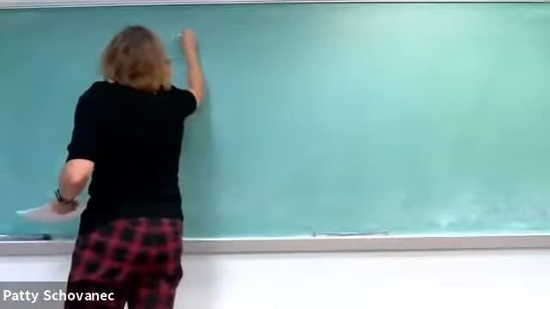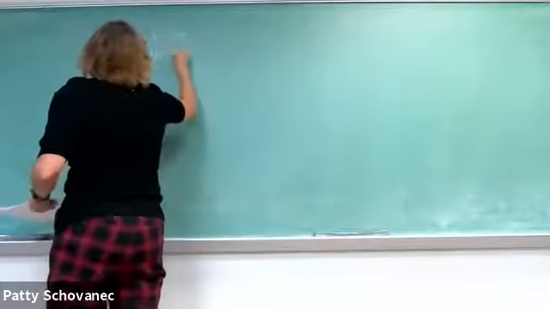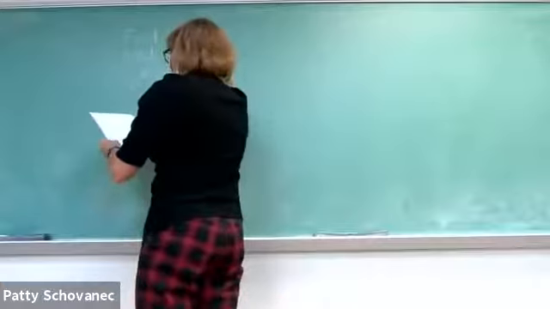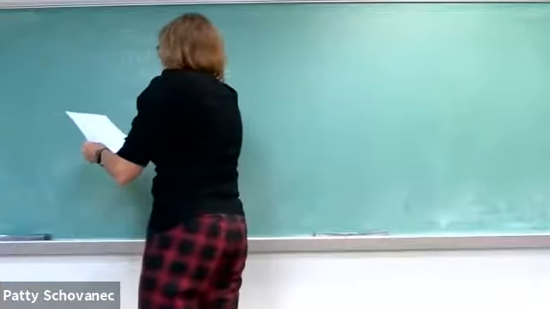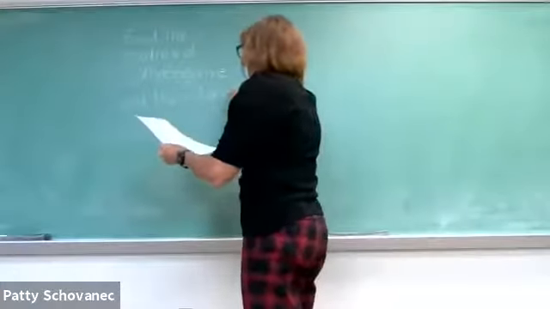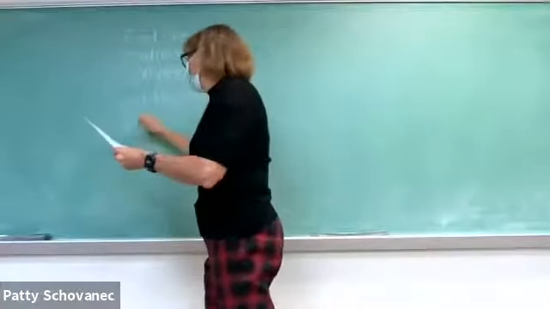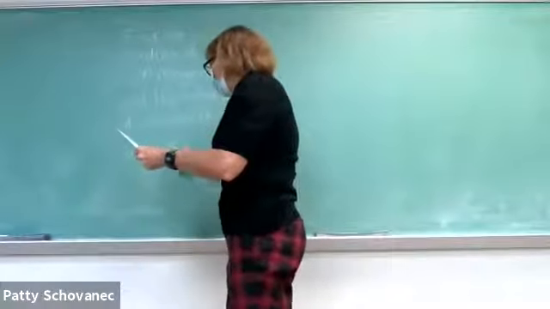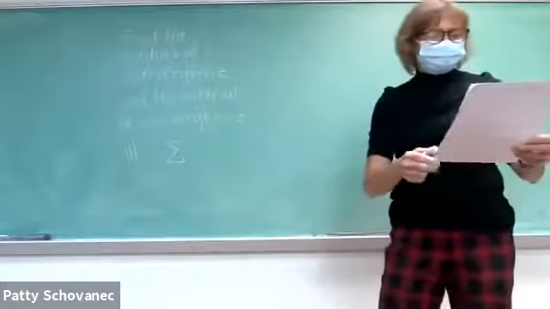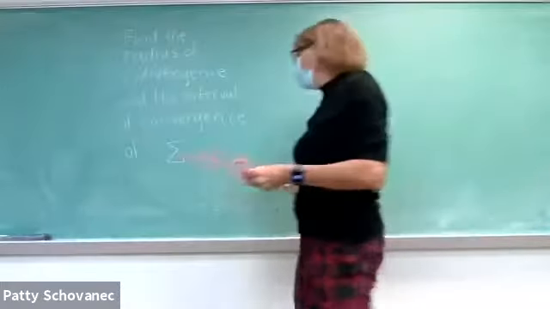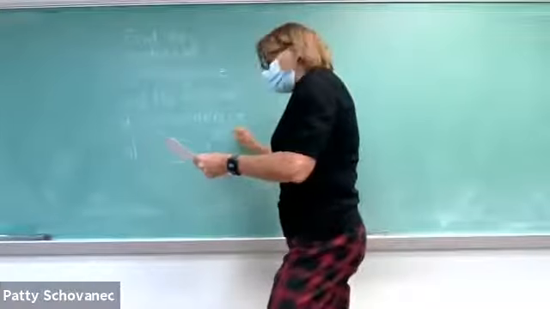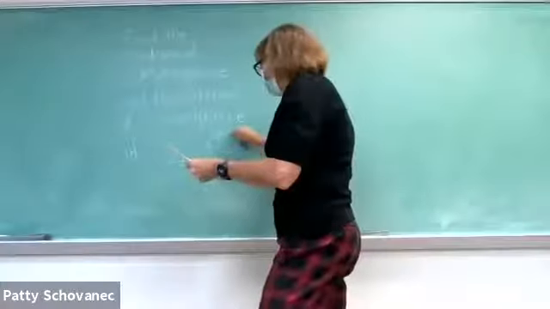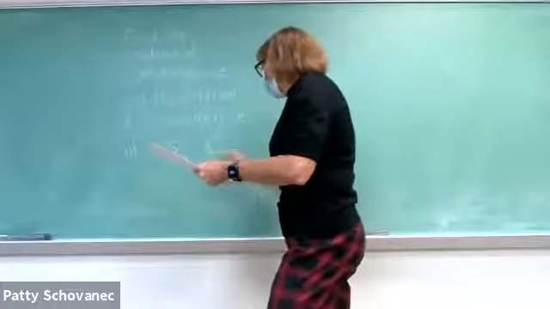Find the radius of convergence and the interval of convergence of our series: x to the 2k minus 1 over 2k minus 1.